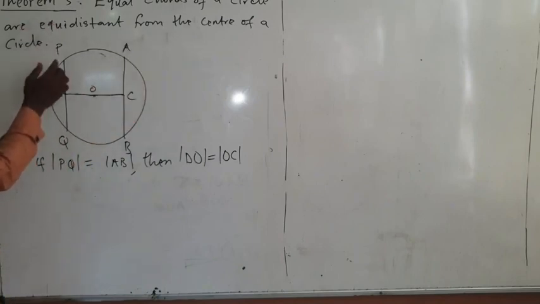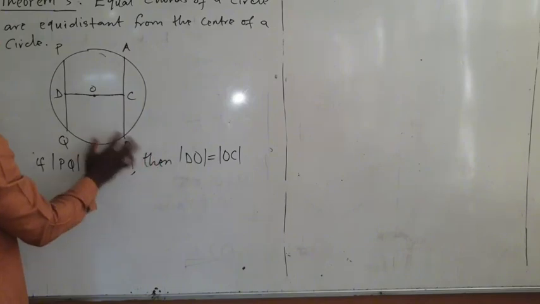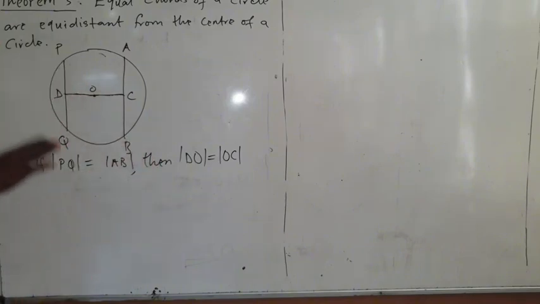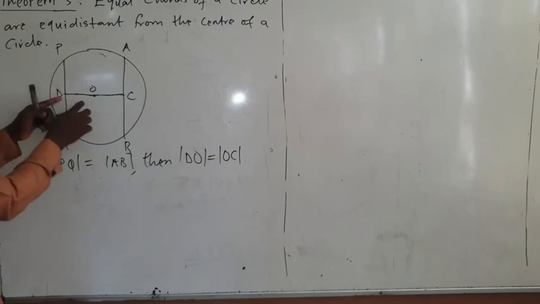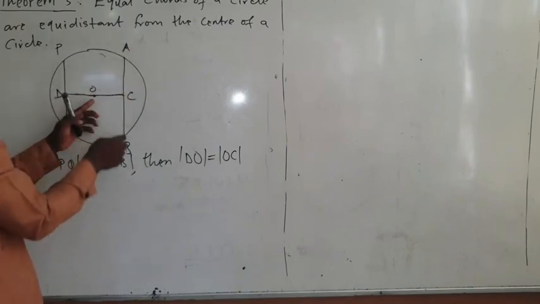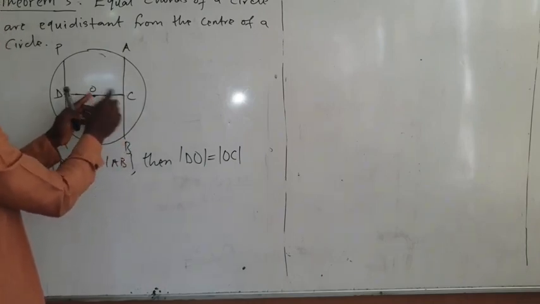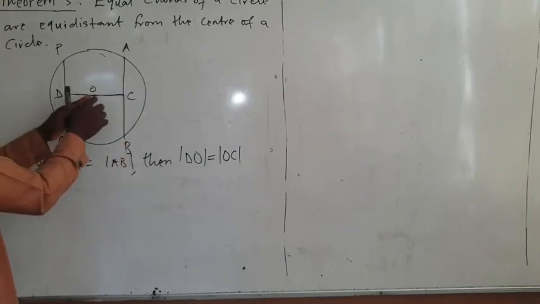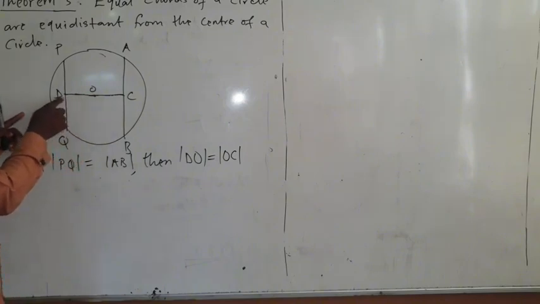So if we are given chord PQ and chord AB of the same length, it means the distance of chord PQ from the center will be equal to the distance of chord AB from the center, that is OC will be equal to OD.